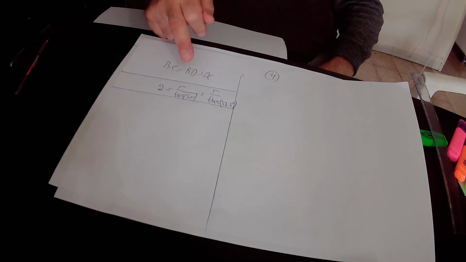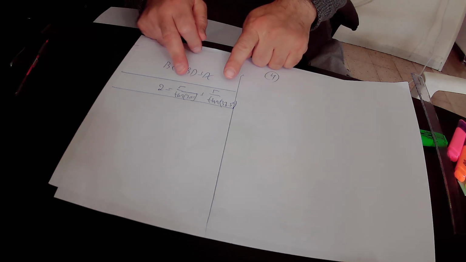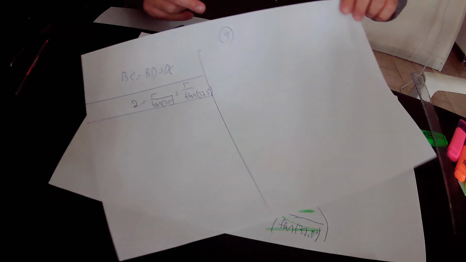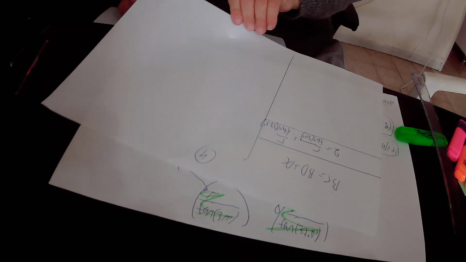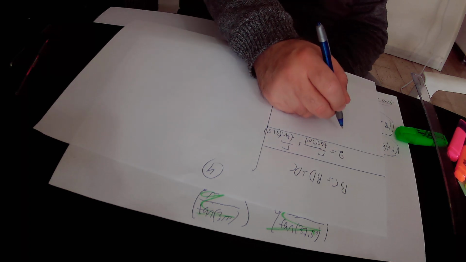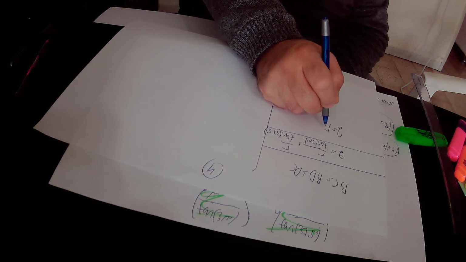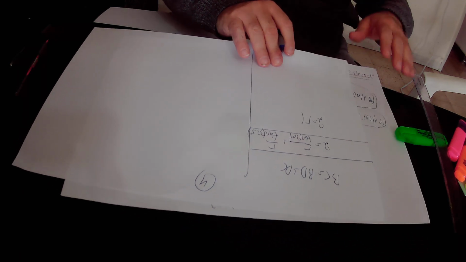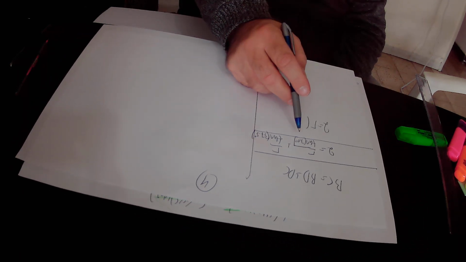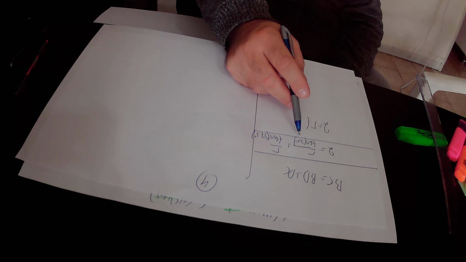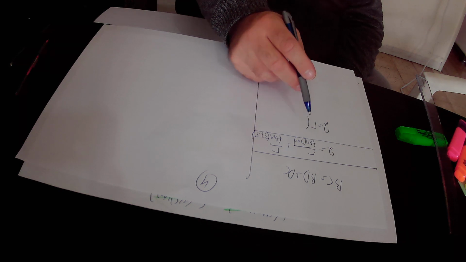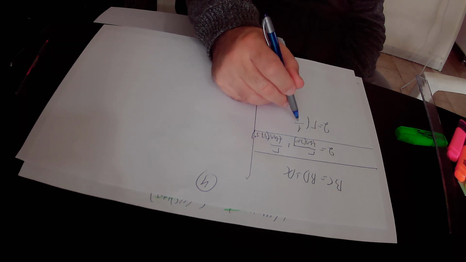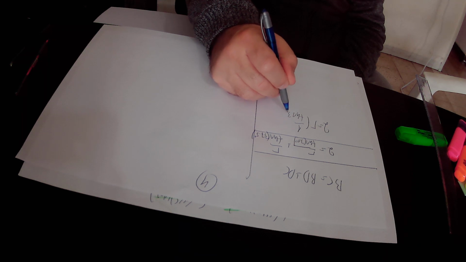We take R as a common factor from those two expressions, and we get that 2 equals R, so R was taken as a common factor. What is left from this expression after we took R as a common factor is 1 over tangent 30 degrees.